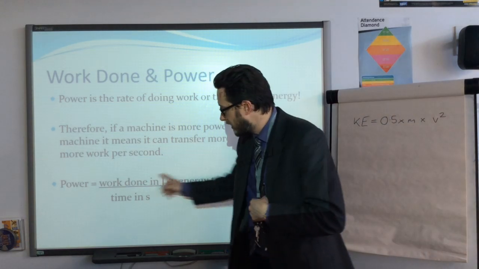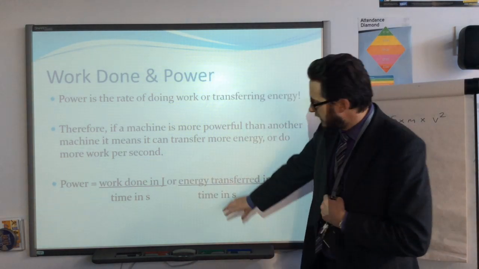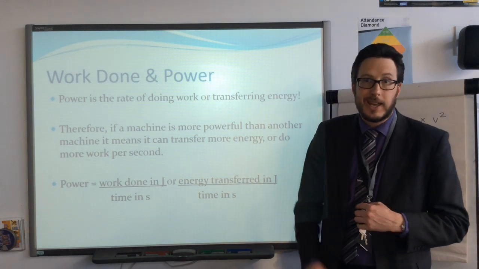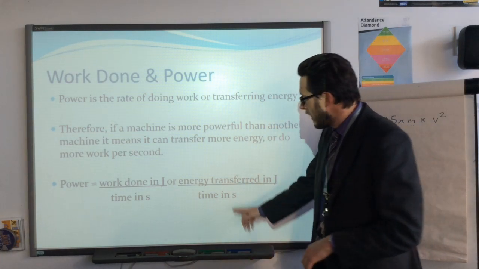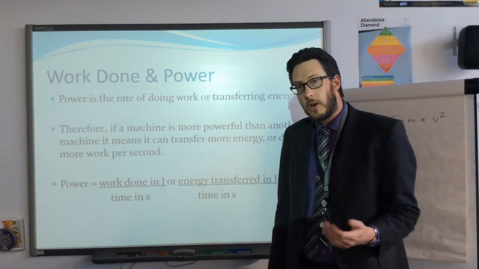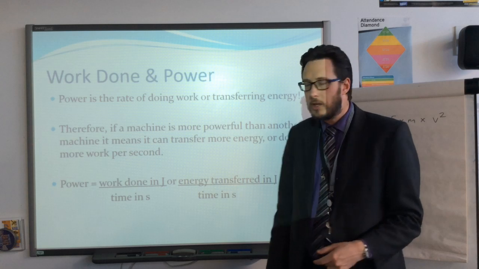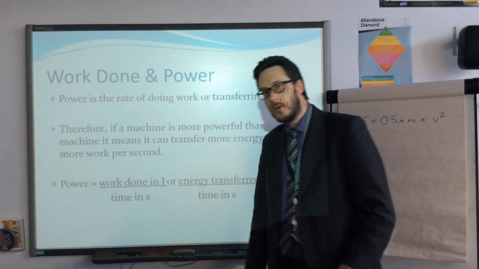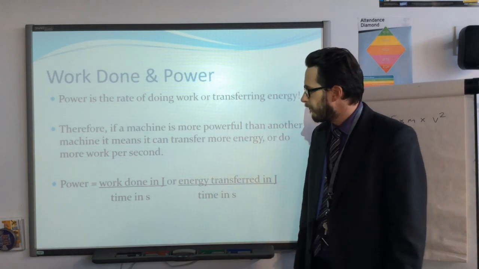Both of these are measured in joules, divided by the time in seconds. Again, I'll talk about that a bit later, but the time needs to be in seconds. They are likely to give you a time in minutes or hours, and you need to convert it to seconds to do all these equations.